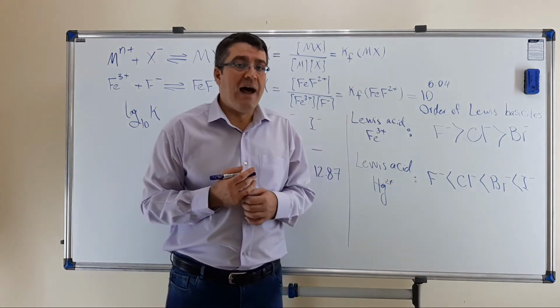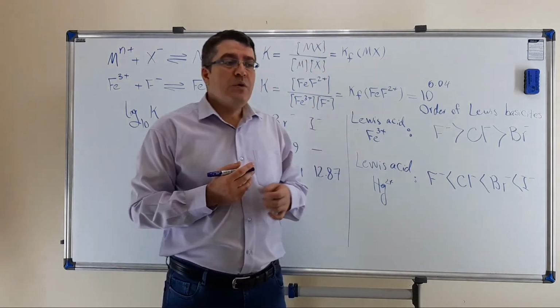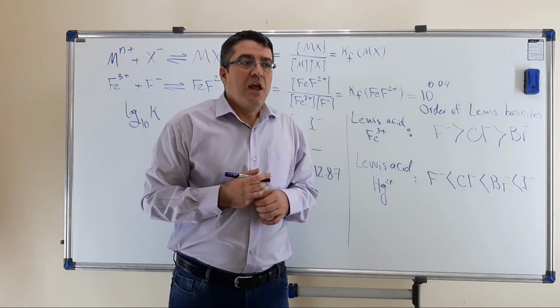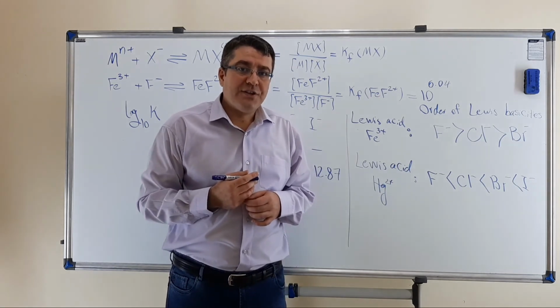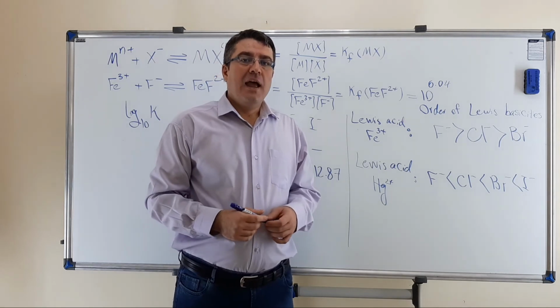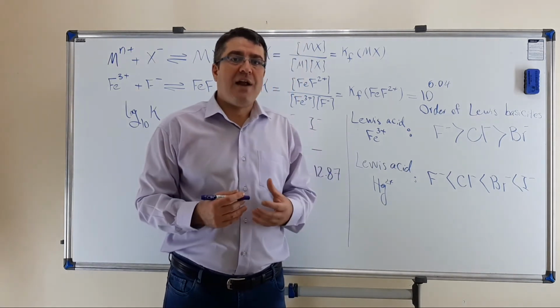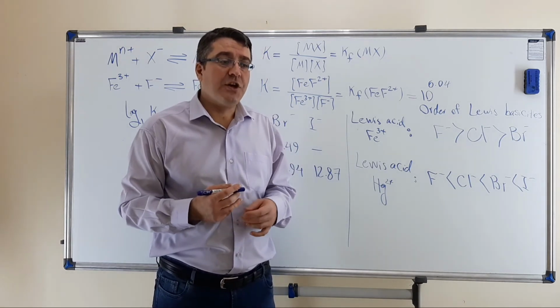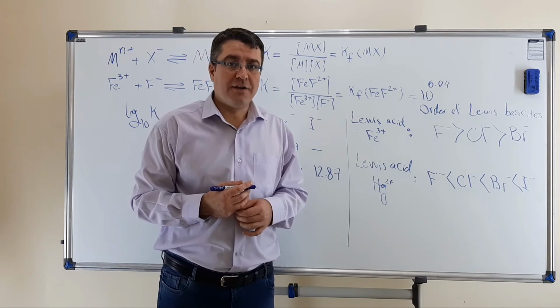On the other hand, in a Lewis acid-base reaction, an electron pair is not completely transferred from a Lewis base to a Lewis acid. A Lewis acid and a Lewis base share an electron pair with each other in the final product, the Lewis adduct.